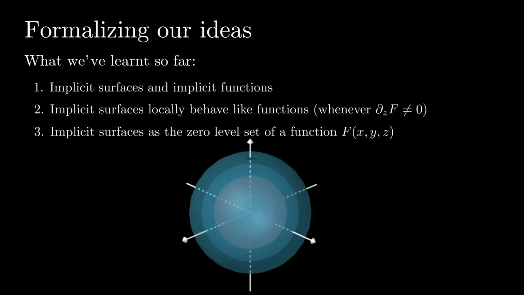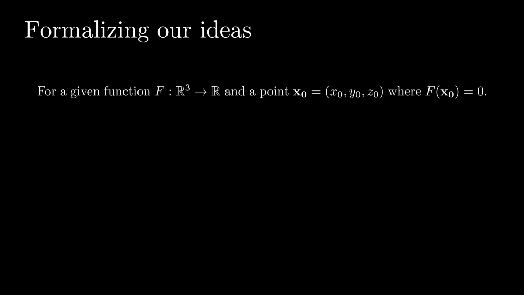So with these ingredients, we can now formulate our theorem or our conjecture, but with more formality. This is what we want to prove. For a given function from R3 to R, this is a function of 3 variables, and a point x0, let's say that this point is equal to 0 when we evaluate the function at this point.